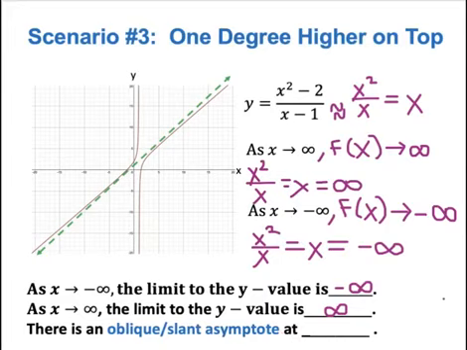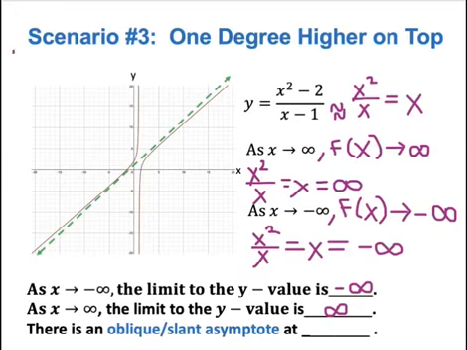So the way that we can do that is we can use synthetic division. If you wanted to use long division, you could, but synthetic is faster. So we can use synthetic division and take x squared minus 2 and divide by x minus 1. So we'll do that over here. If you remember with synthetic division, the 0 that we have on the bottom is 1.